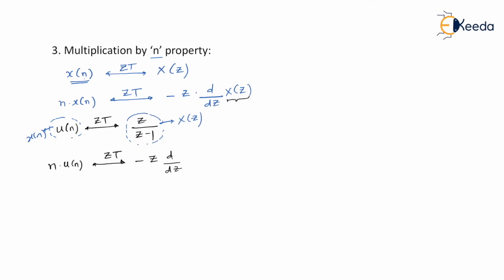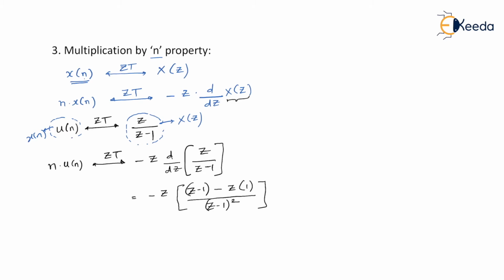And what is the value of X of z? It is z upon z minus 1. Is that right? So when you are differentiating with respect to z, you find that in the numerator we have z and in the denominator we also have z. It means you have to apply the derivative of u by v formula. Then it becomes minus z times v into derivative of u, which is 1, minus u into derivative of v, which is also 1, divided by v square, that is z minus 1 whole square.